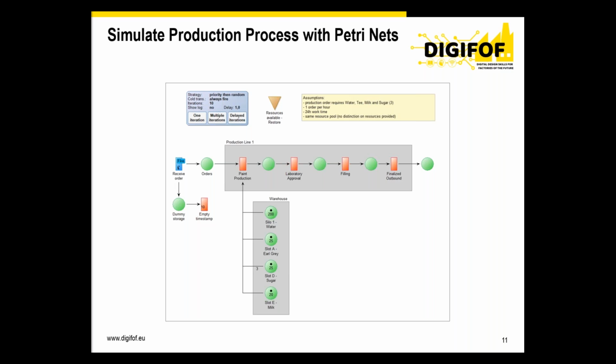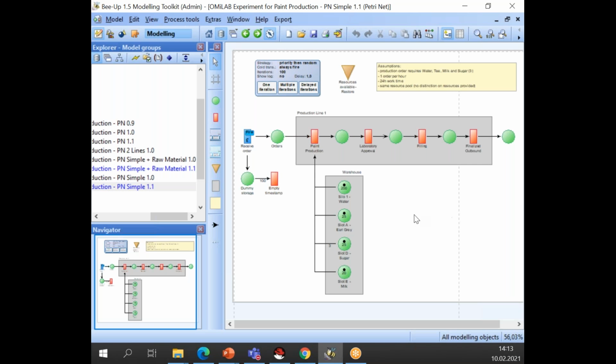And I will now show you how such a simulation could look like. And therefore, I will open the process in BApp. And here you can see again the process. The process you have seen before in BPMN is now mapped to PetriNet.